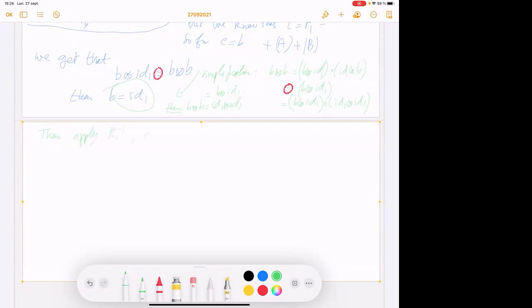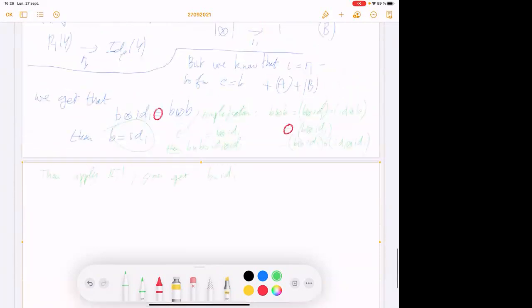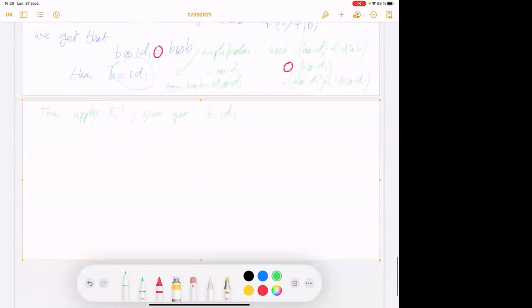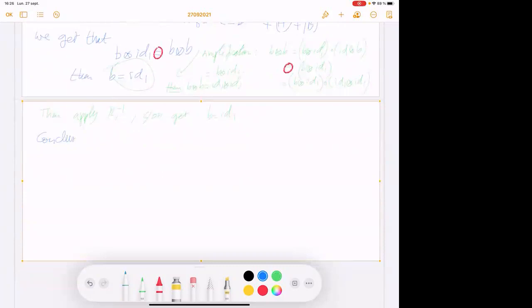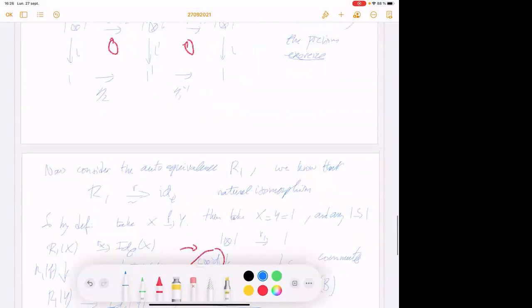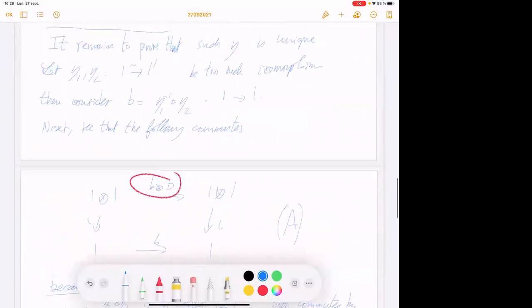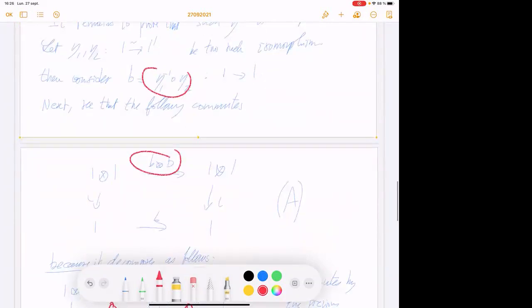You get B equal ID1. Okay. So B equal ID1. Then conclusion. So B, where is B? B is here. Iota 1 inverse composed with iota 2.